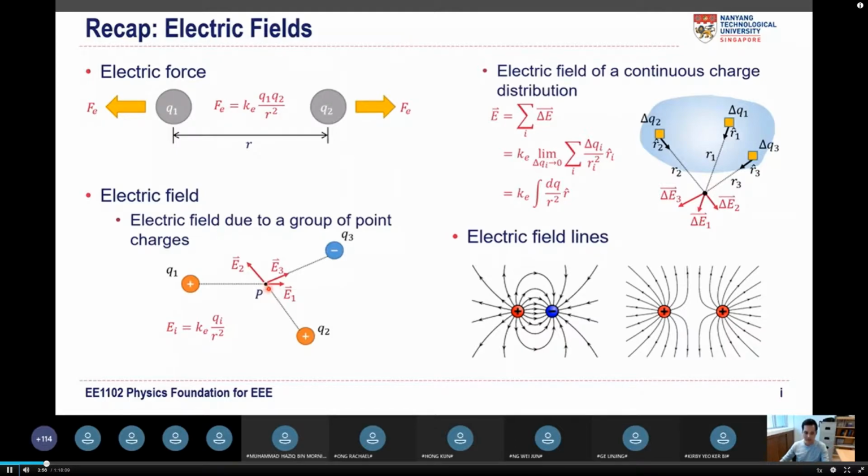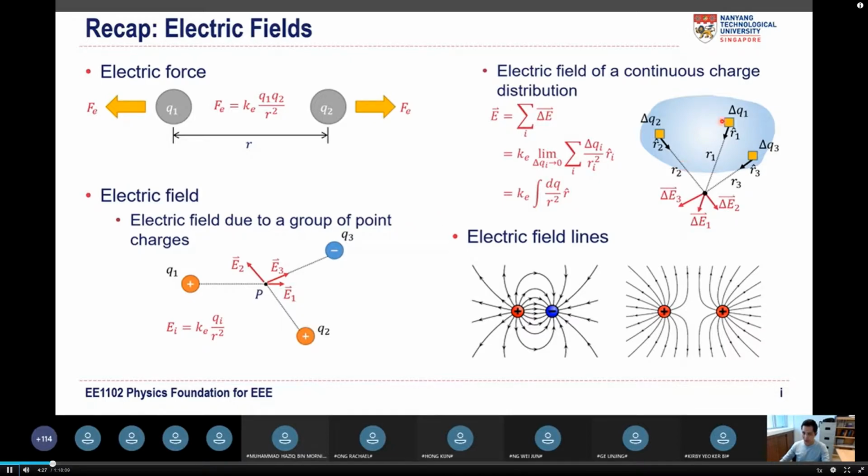If you wish to calculate the electric field at this point P due to all three charges, you compute the contribution from Q1 and draw that vector, the contribution from Q2, drawn as E2, and then E3 due to Q3. Then you do a vector sum of the three, and finally you get the total electric field acting on P. That's for a group of point charges.